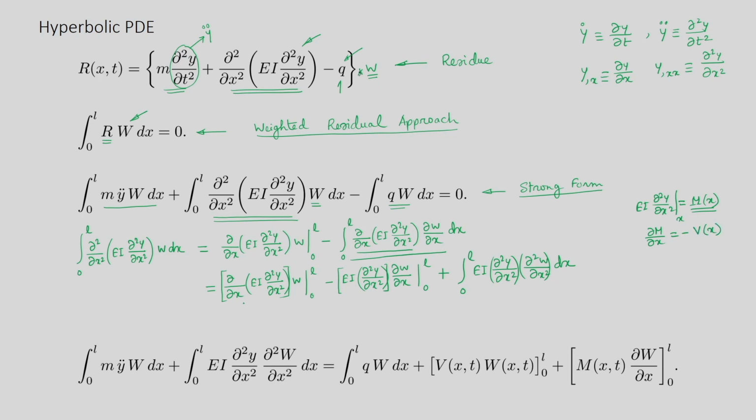So this term is replaced by minus V_x into w, 0 to L. This term EI del 2 y del x square will be the moment M, a function of both x and t, into del w del x, 0 to L, plus this term will remain as it is.